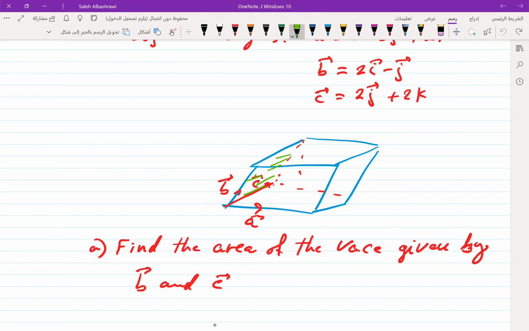It is a parallelogram, and the area of the parallelogram is equal to the magnitude of B cross C.